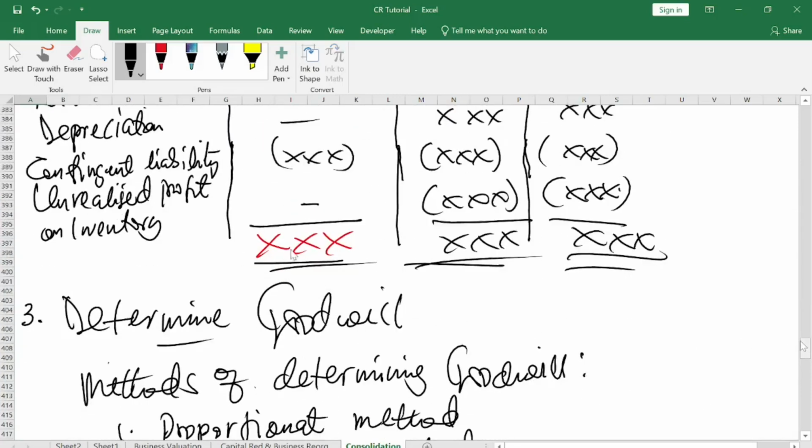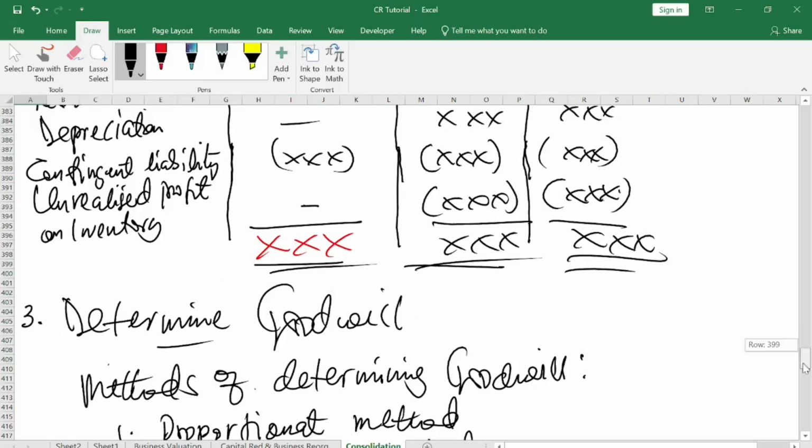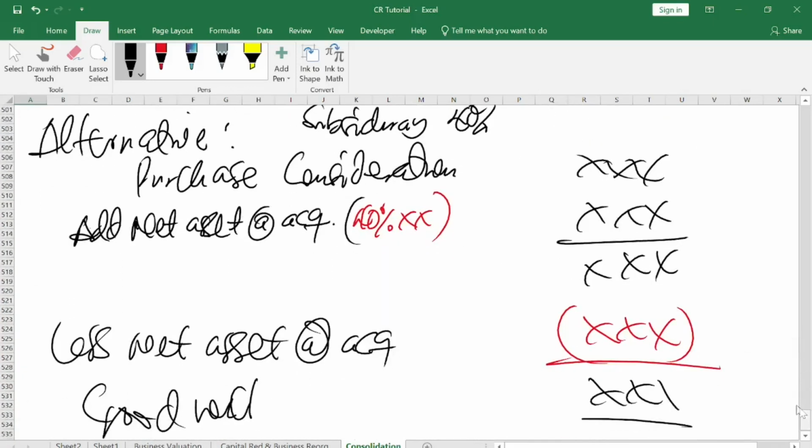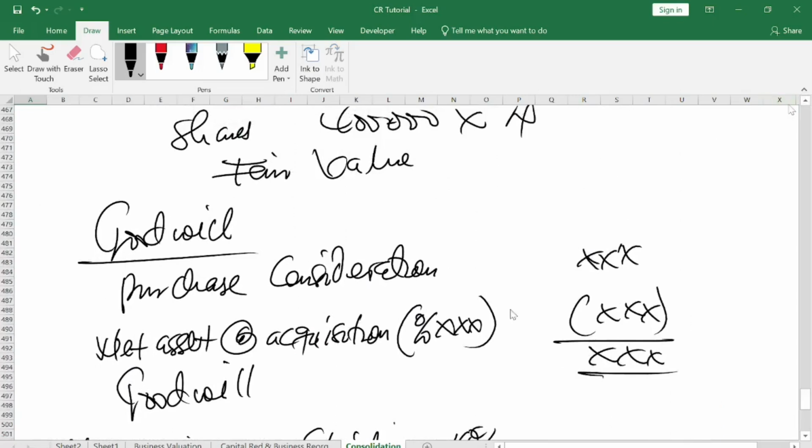But initially they multiply by the 40% of the subsidiary and add it to the purchase consideration here. Then they say less net asset at acquisition. But you see, this one is long. So simple. Why don't you just pick the net asset at acquisition and multiply by the percentage of the parent? This percentage is for the parent too, not the subsidiary. Then you just less, that gives you the goodwill.